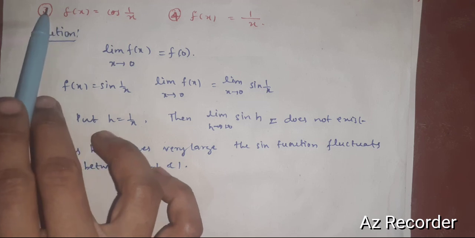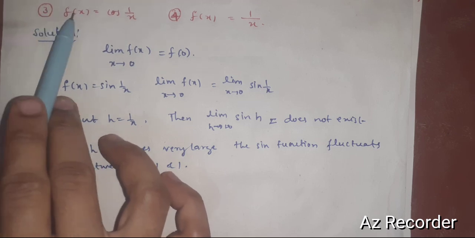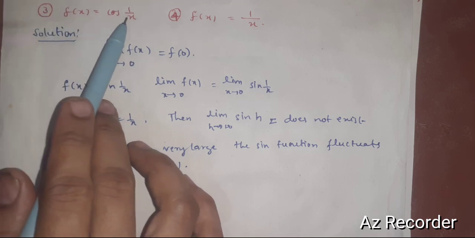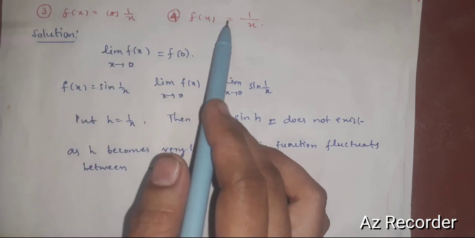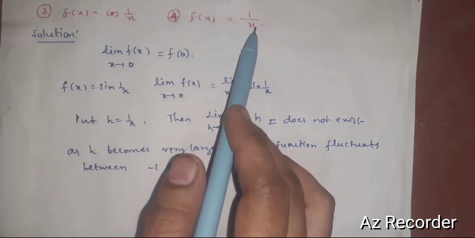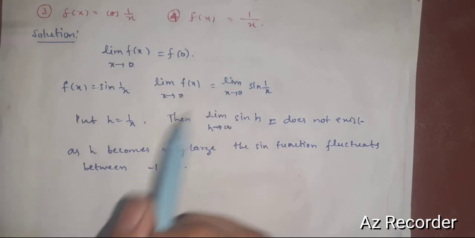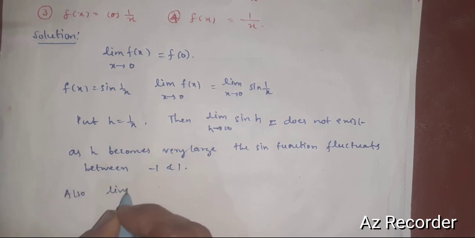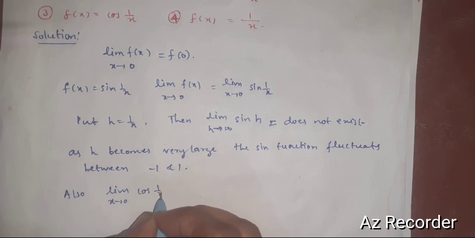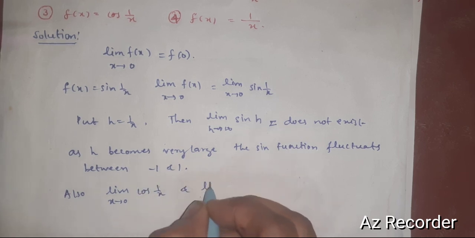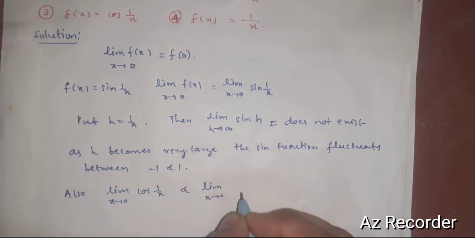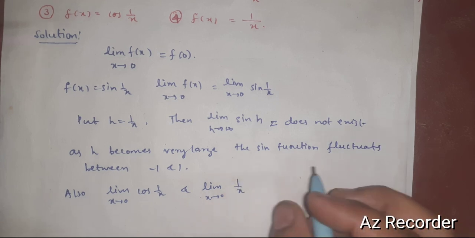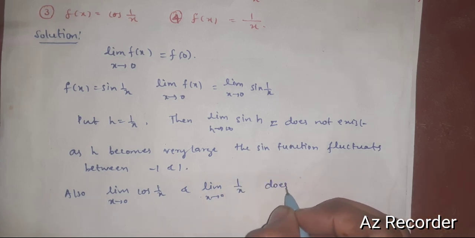Similarly the third option, the function f of x equals cos 1 by x, and also f of x equal to 1 by x, we cannot extend because the limit as x tends to 0 of cos 1 by x and the limit as x tends to 0 of 1 by x do not exist.